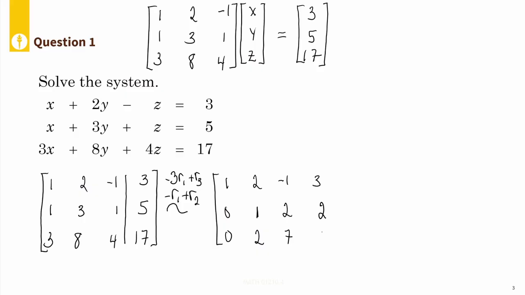Yeah. Makes the next step pretty simple. Negative 2 row 2 plus row 3.